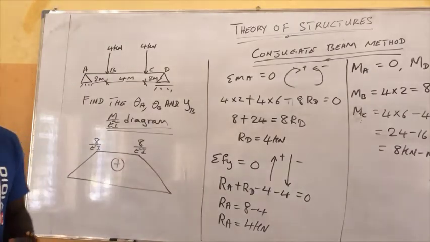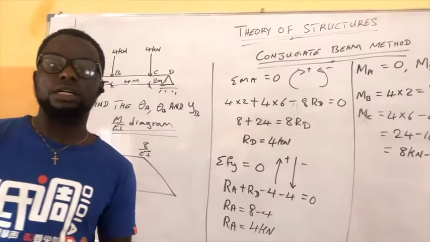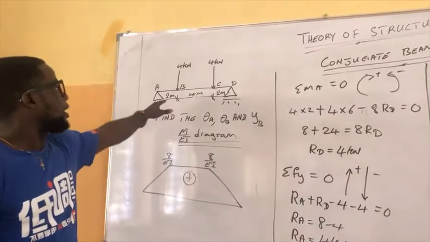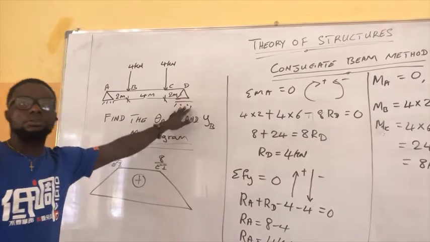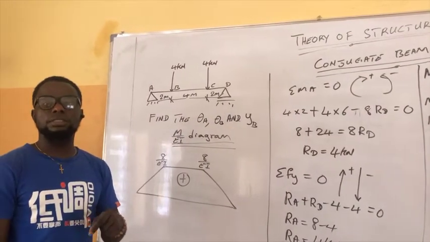In the conjugate beam, we turn the supports of the original beam to the conjugates of them. Here we have a pinned support and a roller support, and the conjugates of those supports are still the same, pinned and roller.